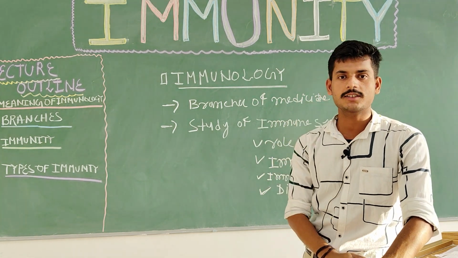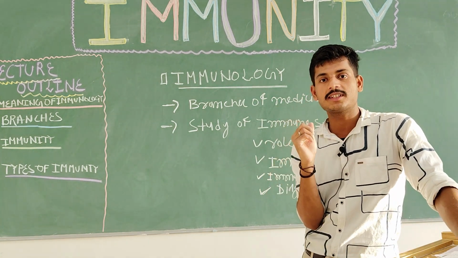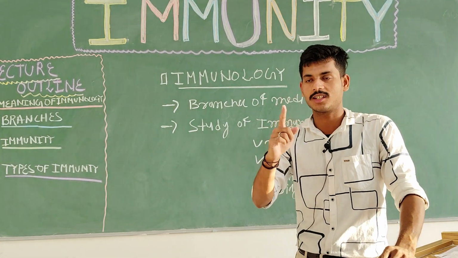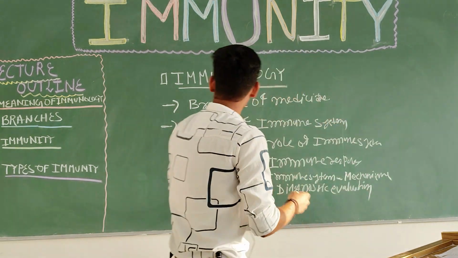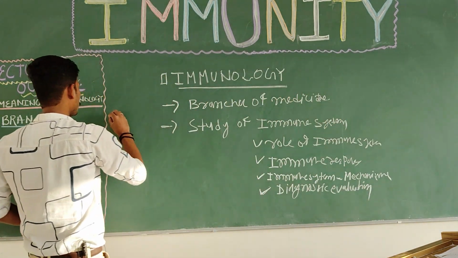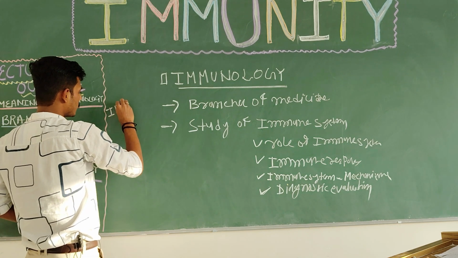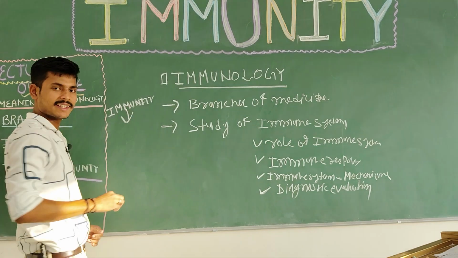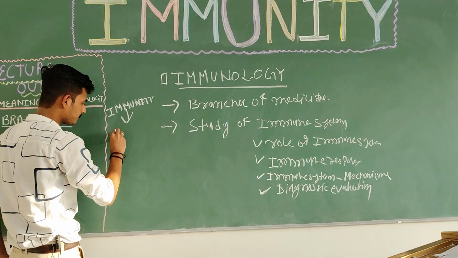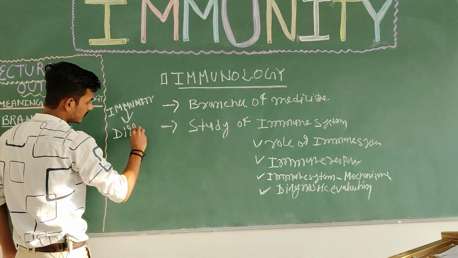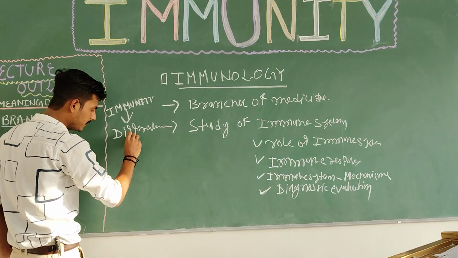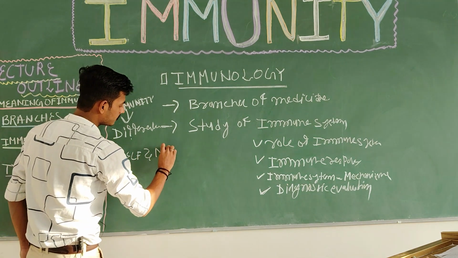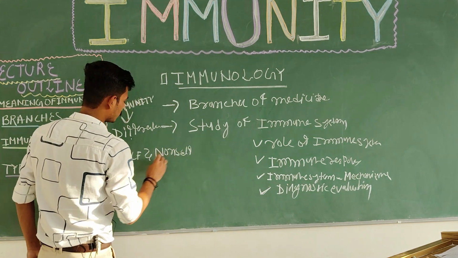Now, one function of the immune system is that it helps to distinguish, or differentiate, between self and non-self. That's one thing you just keep in your mind: immunity differentiates between self and non-self.